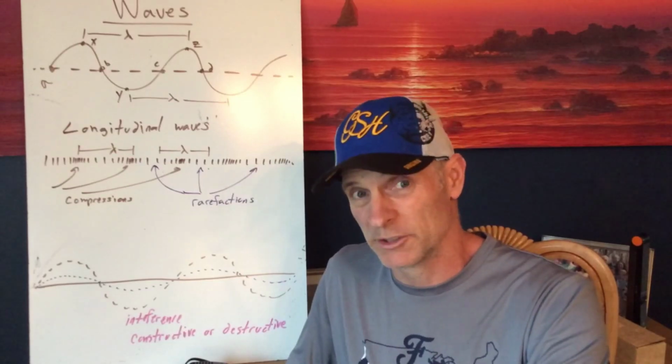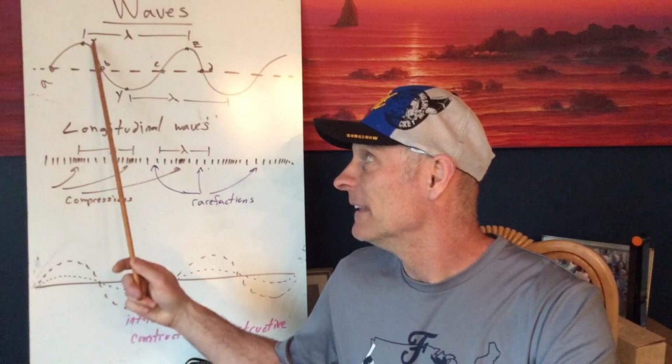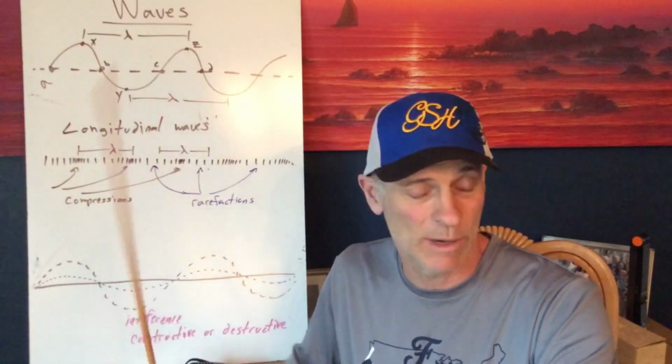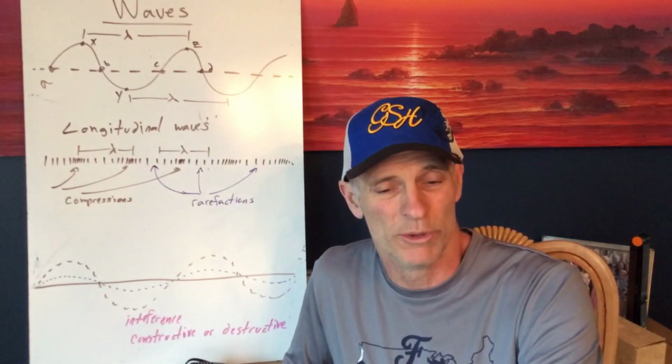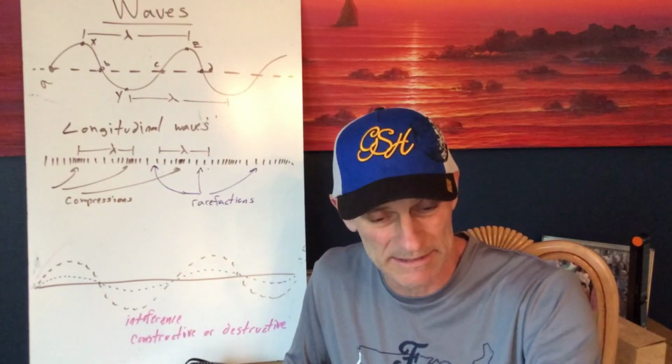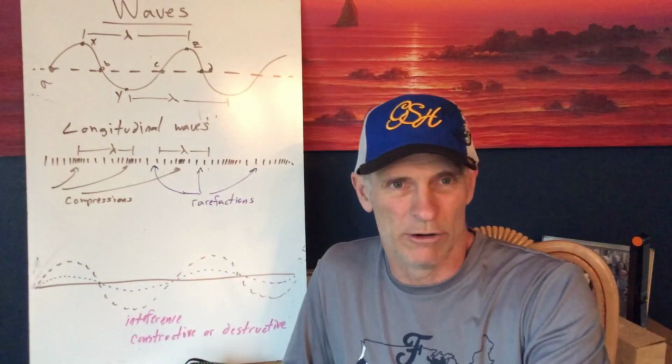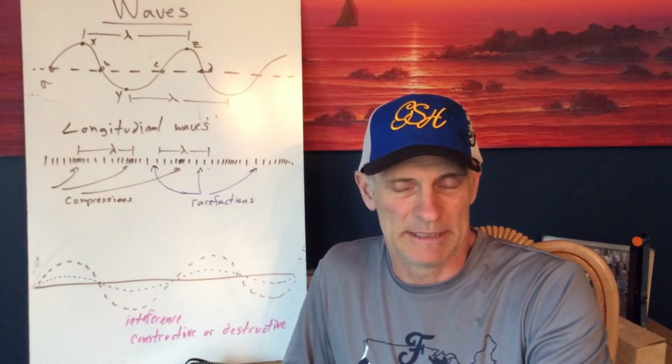A lot of the displacement would be at the antinodes, which would be X, Y, and Z. X, Y, and Z are all antinodes, where the maximum displacement takes place. And A, B, C, D are all nodes, where no displacement takes place.